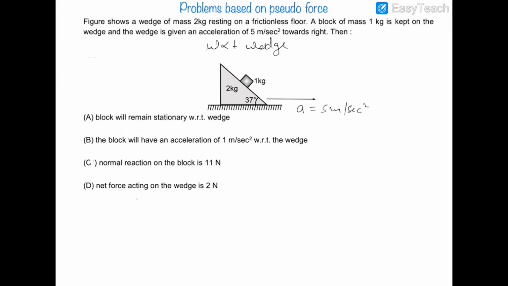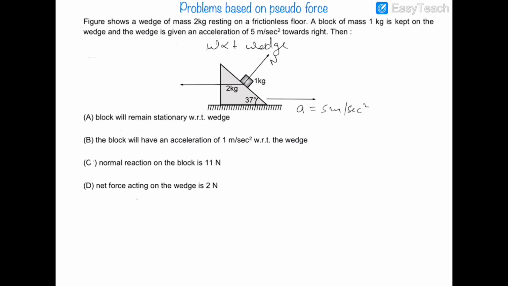So for that observer there will be a normal reaction acting like that. This is N, and there will be a pseudo force acting in the backward direction due to the fact that the observer will be accelerated along with the wedge.